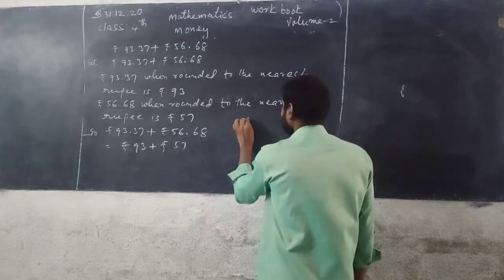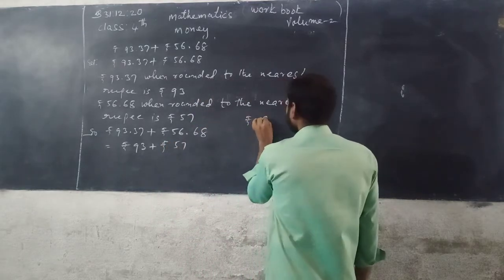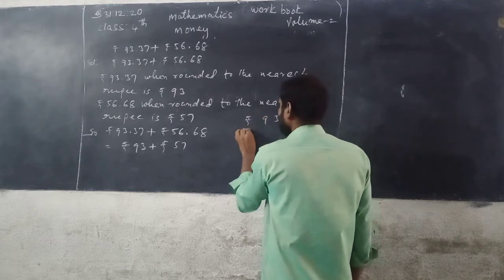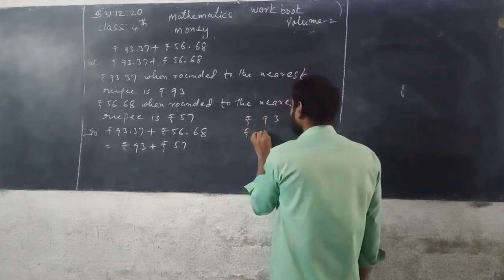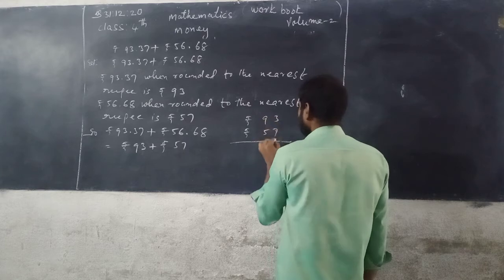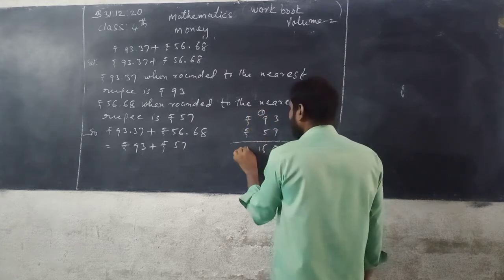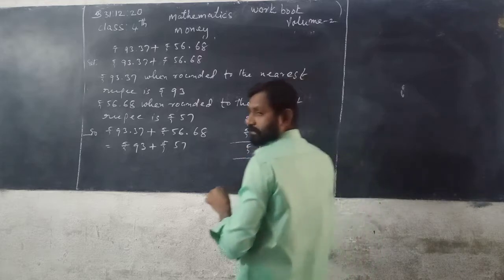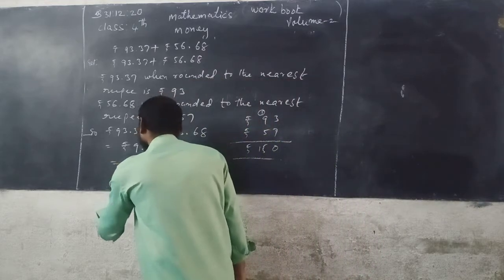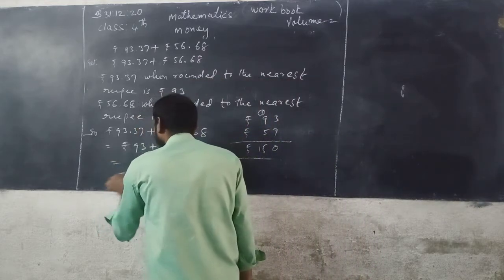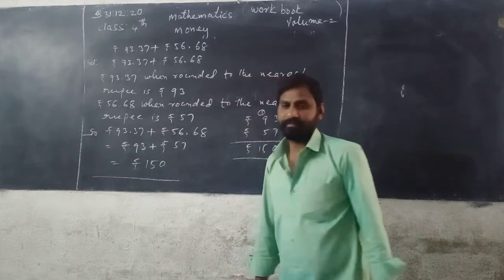Then add it. 93 plus 57: 3 plus 7, 10, 0 taking 1 carry, 1 plus 9, 10, 10 plus 5, 15. 150 rupees, beta. That is equal to 150 rupees.